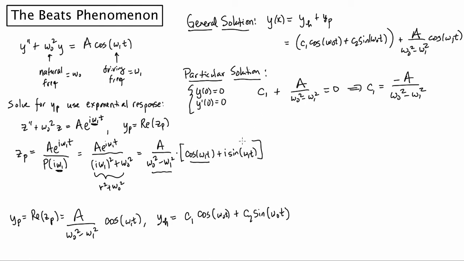c2 is actually really easy to calculate here, because if you plug c1 in up here and look at taking the derivative, the two cosines will now become sines, and the sine will now become a cosine. Since the cosines are becoming sines, when I plug 0 into them, they're going to disappear.